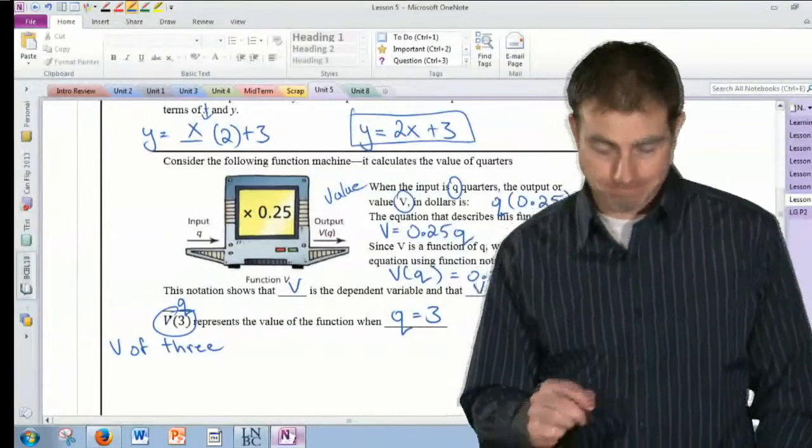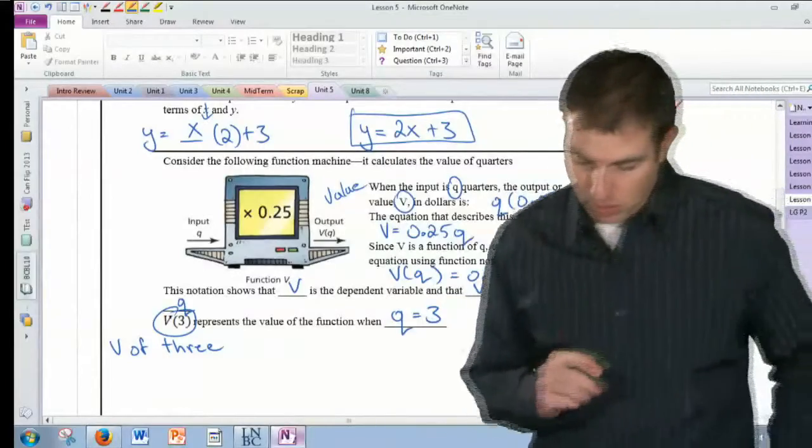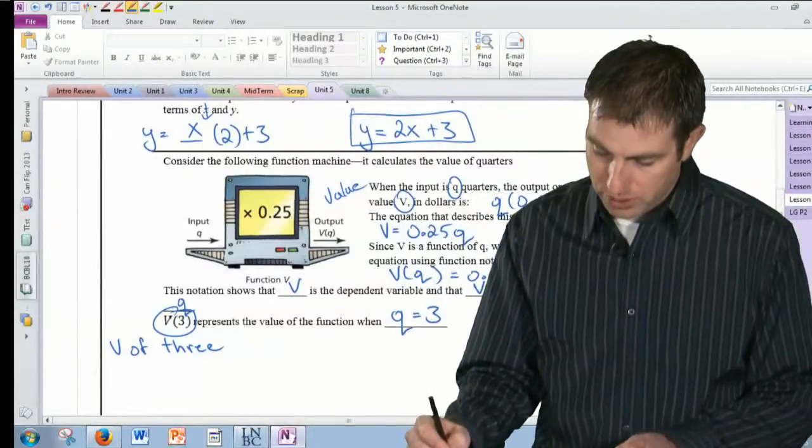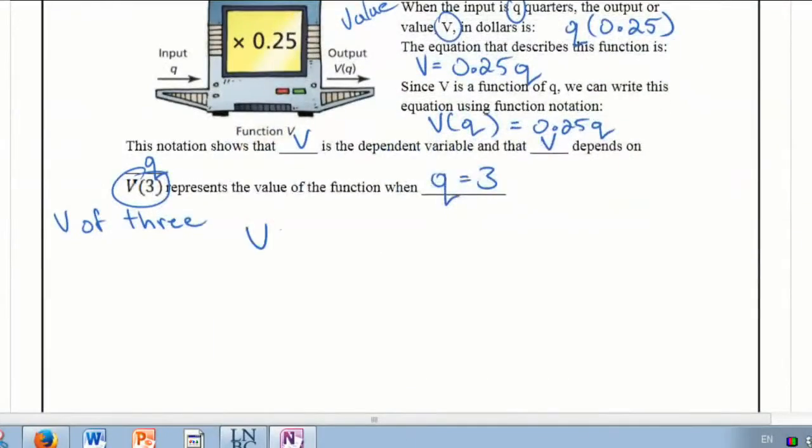Let's find out. All right, so we decided the equation we wanted to write looks like V of Q, or the value of the number of quarters I have, is equal to 0.25, because that's how much money each quarter is, times the number of quarters. In this example, I'm asking you to find V of 3, so the value of 3 quarters.